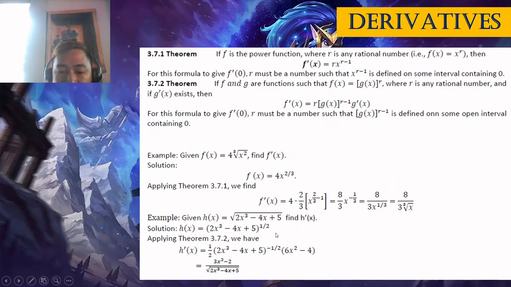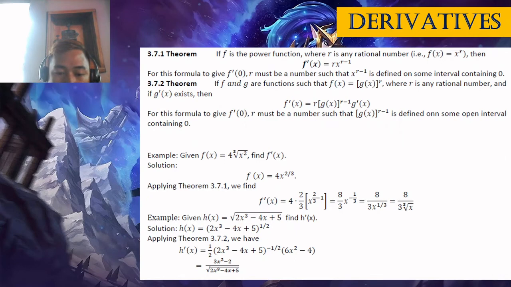Then times the derivative of the inside. The derivative of this is 6x squared minus 4, since the derivative of 5 is 0. And since the exponent 1/2 is negative, it goes down to the denominator, becoming positive.